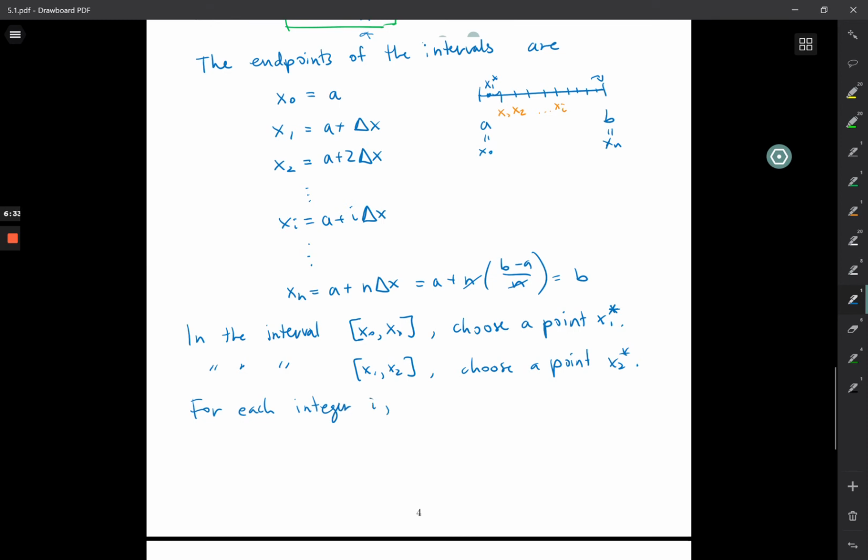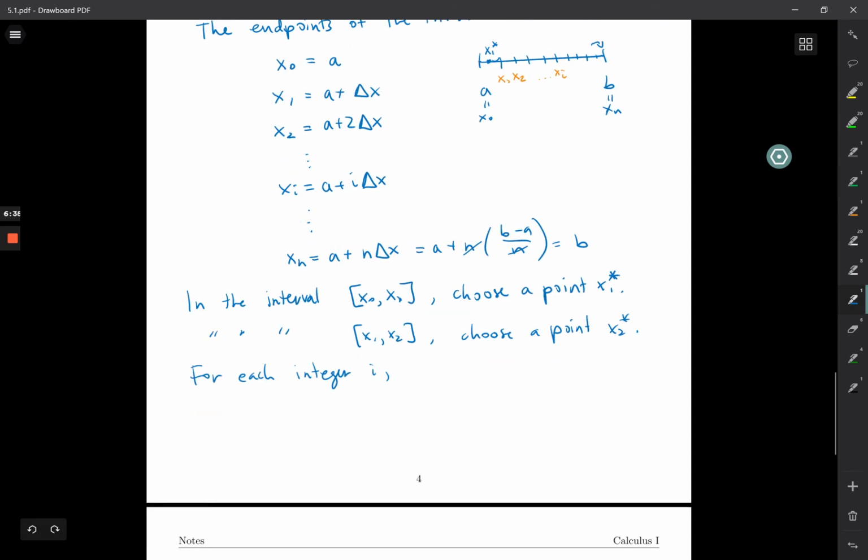We're going to pick, for each integer i between 1 and n, we pick xi star in the interval from xi minus 1 to xi, right?